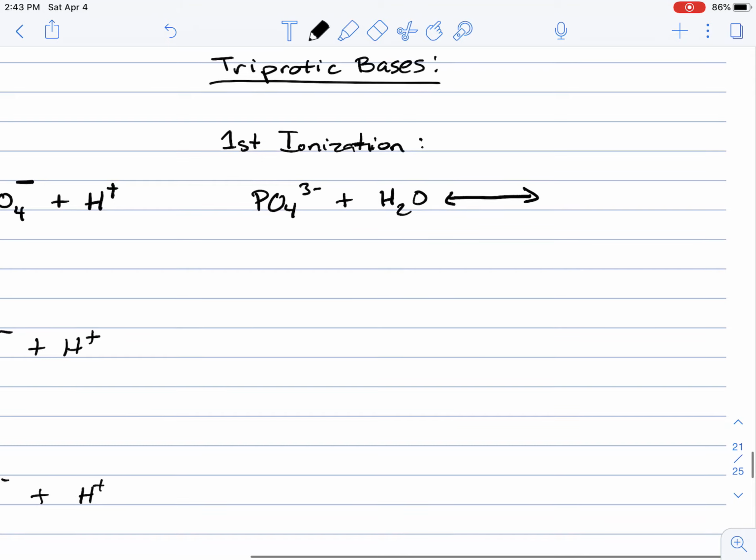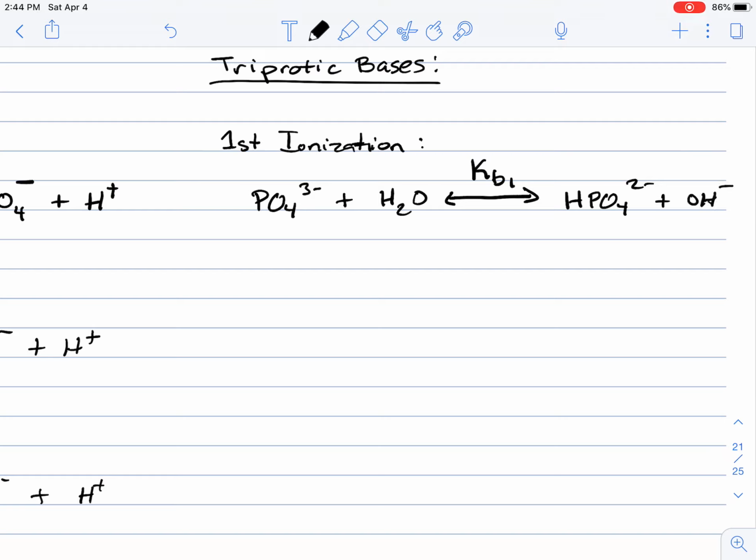And so since this is the first ionization step, and we're talking about a base, this is going to be represented as Kb1. And the result of this ionization is going to produce HPO4 2 negative plus an OH minus.